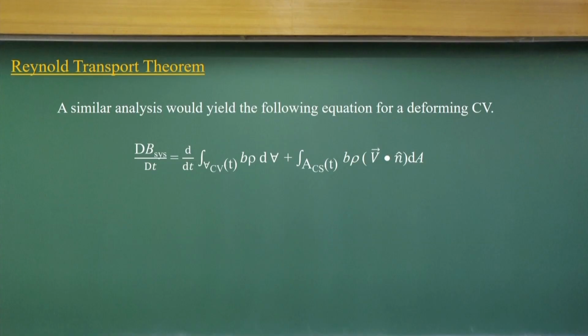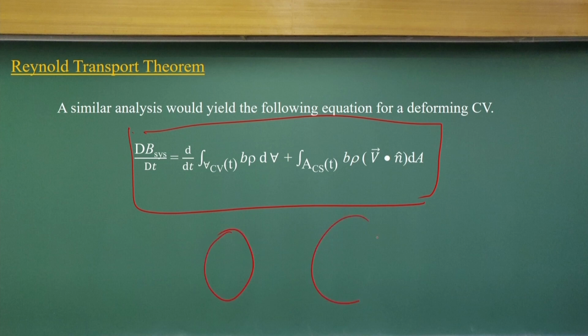I will talk about how we use the relative velocity component when you go for a control volume moving with velocity V, when we look at very complex problems. So, this is the Reynolds transport theorem, and you can understand the basic physics: we are relating the system level and the control volume levels.